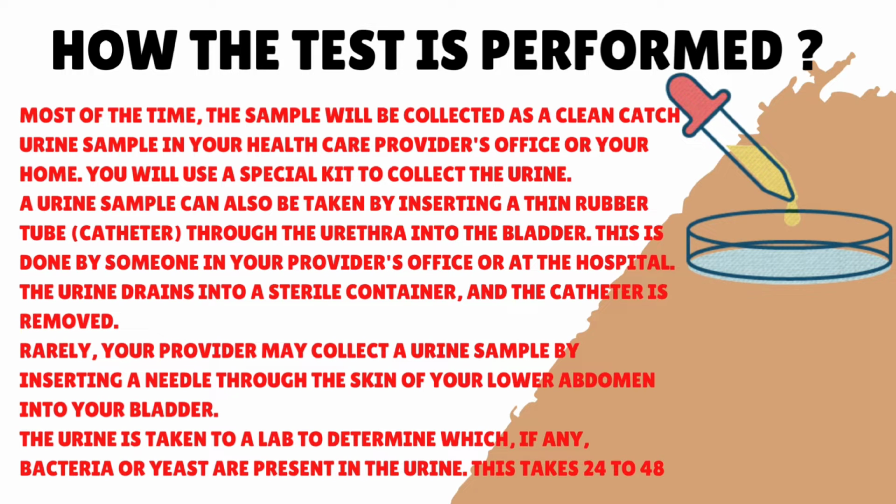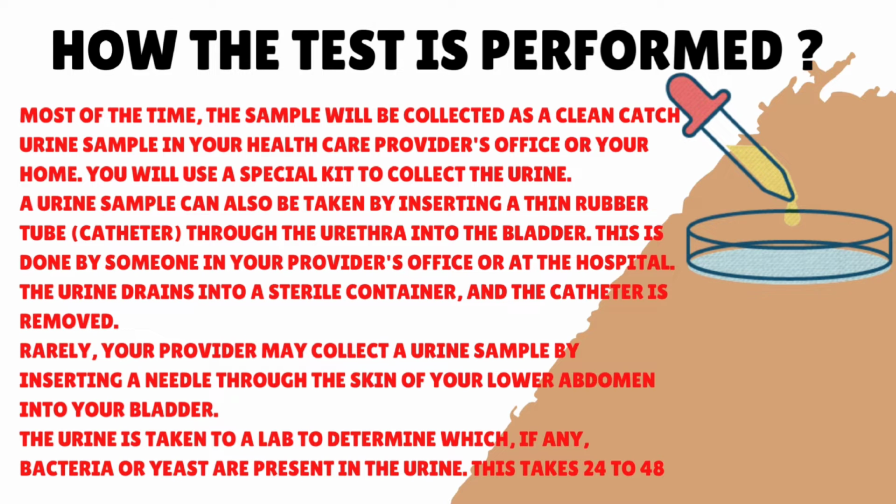A urine sample can also be taken by inserting a thin rubber tube through the urethra into the bladder. This is done by someone in your provider's office or at the hospital. The urine drains into a sterile container and the catheter is removed.